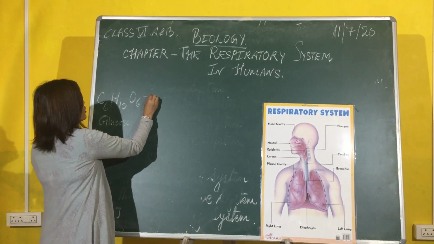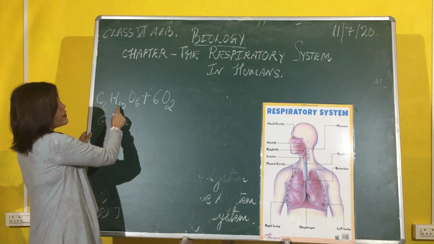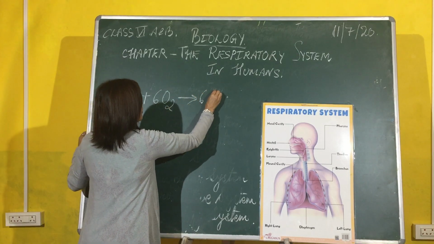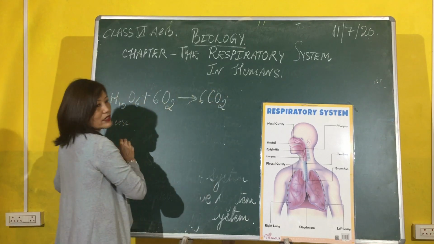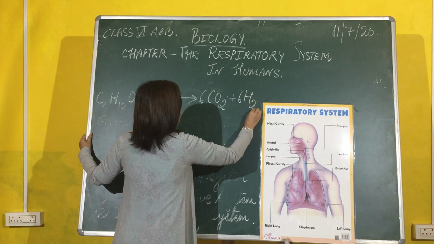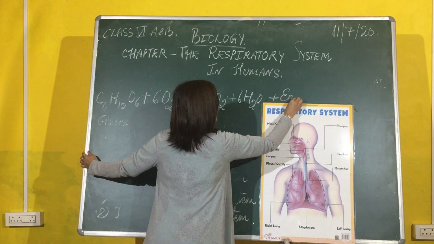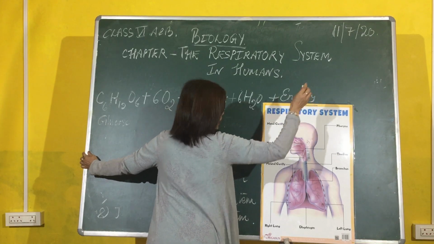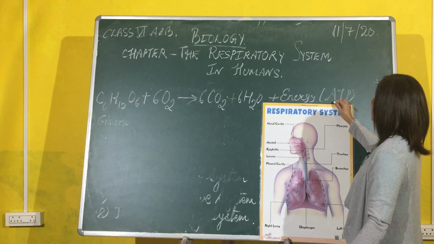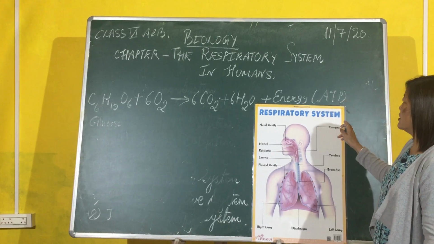This food will combine with oxygen, and when the food combines with oxygen, they will produce carbon dioxide and water as byproducts. Then they will release what? Energy. Energy in the form of ATP. ATP is adenosine triphosphate.